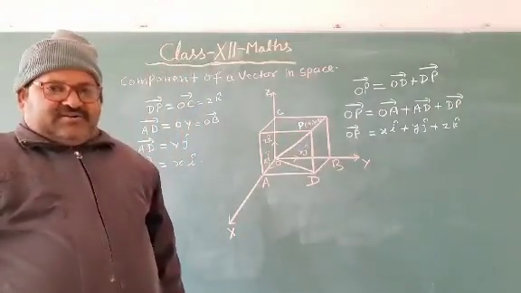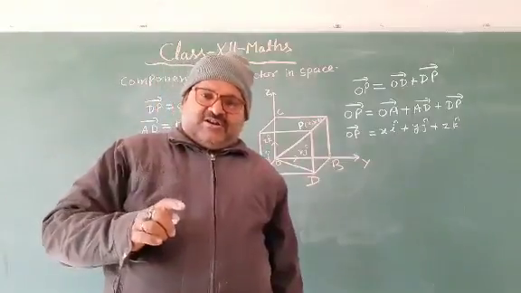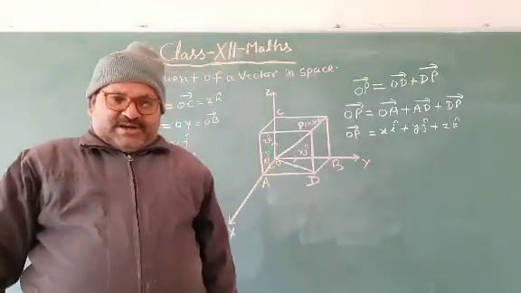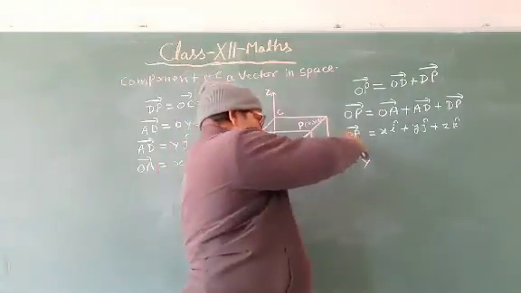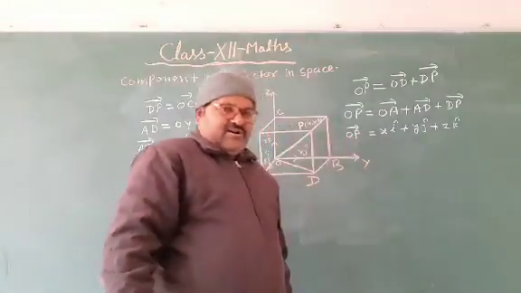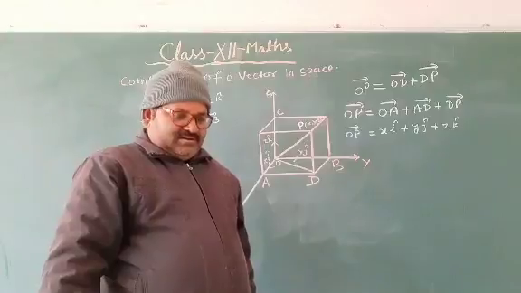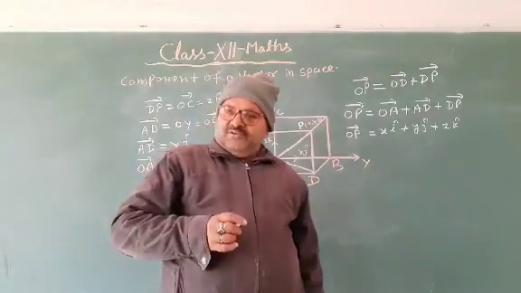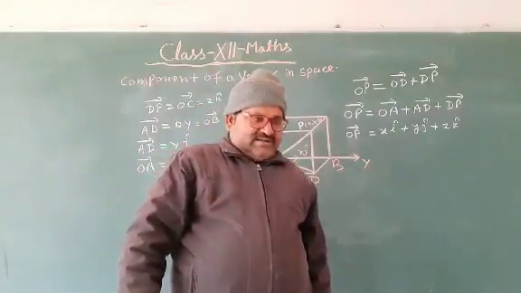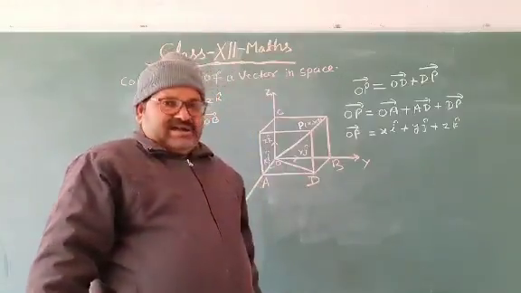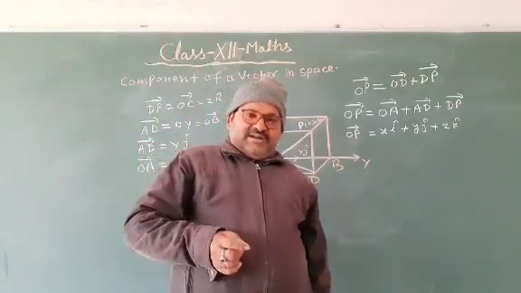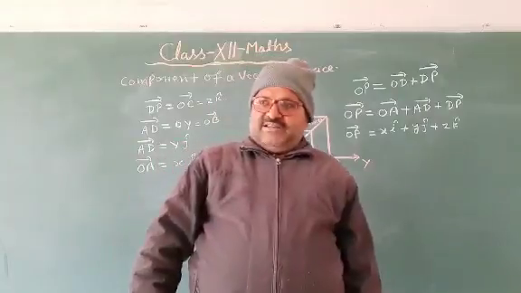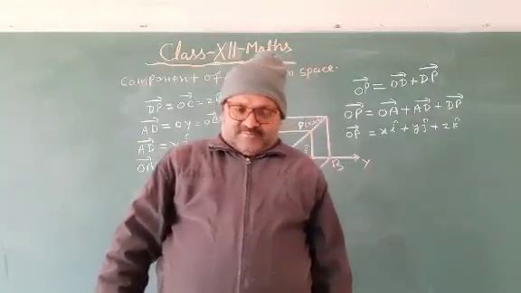This representation of any vector is called the component form of a vector in space. x, y and z are the scalar components, so x i, y j and z k are the vector components.